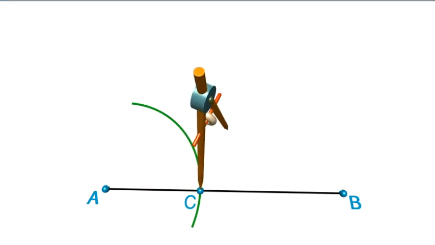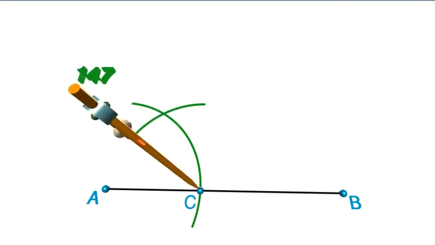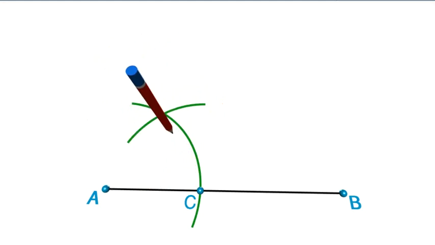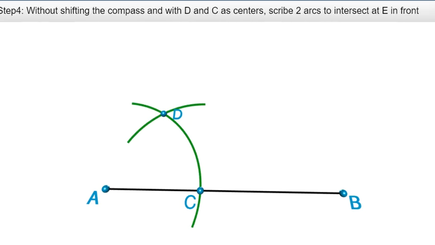So with C as center, same radius, I scribe my arc. The second arc cuts the first arc at D. Now a line from A through D would give me 60 degrees. But 60 degrees is not what I want.